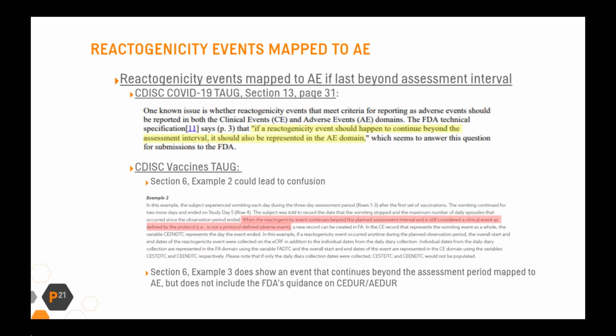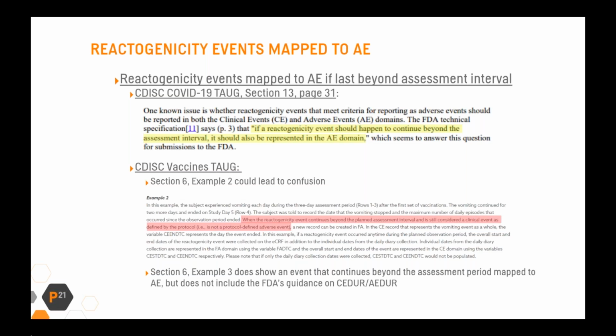You can see I have a passage listed here highlighted in yellow that shows that the FDA does request that get mapped to the AE domain. However, if we look down at the next passage, this is from the CDISC vaccines TAUG. There's an example where they have a reaction that lasted beyond that assessment period that was not mapped to the adverse events domain because it's not a protocol defined adverse event.